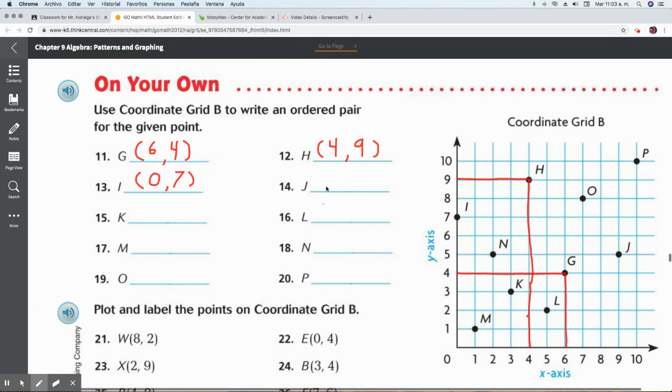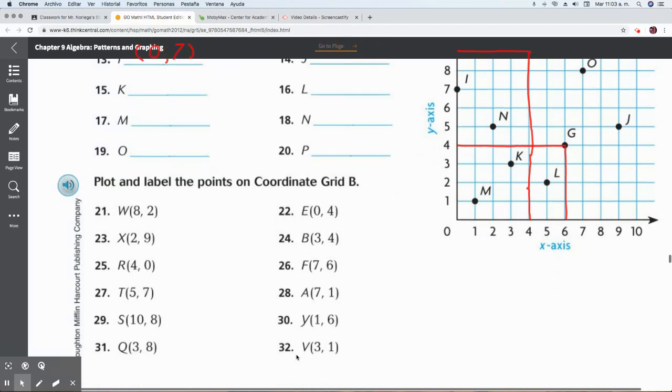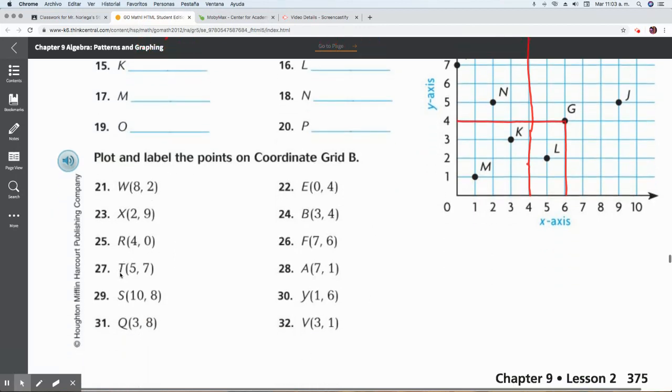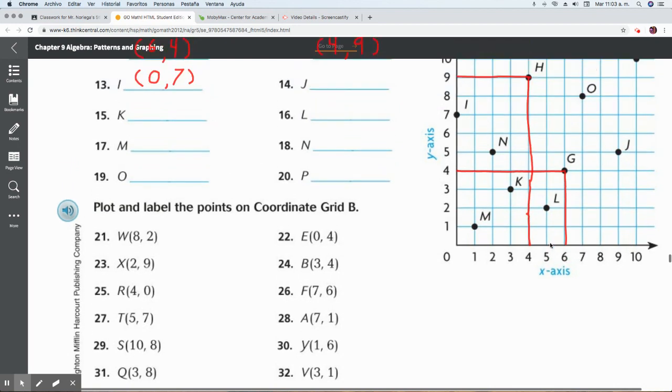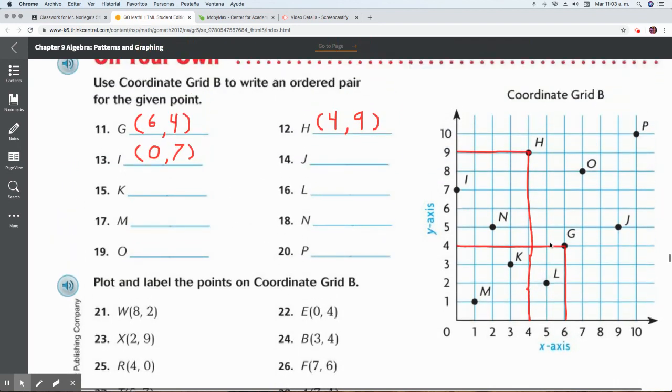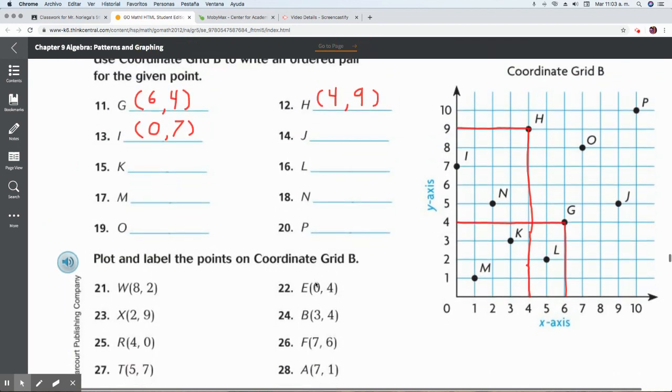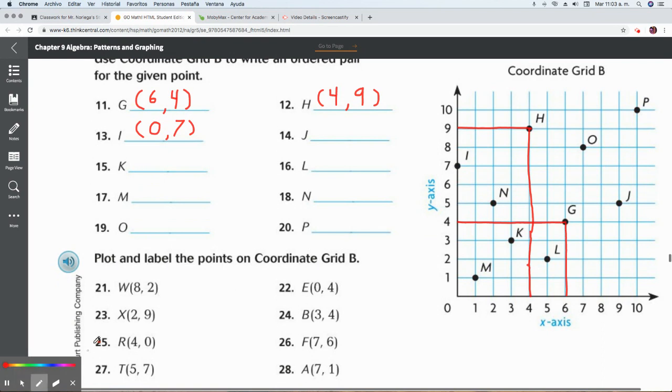All right, do the same thing for letter J, letter K, and so on. Then you need to plot all of these letters on this same grid. To plot and label the points on the coordinate grid, remember that the first number is how many steps you need to walk to the right, and the second number is how many steps you need to go up.